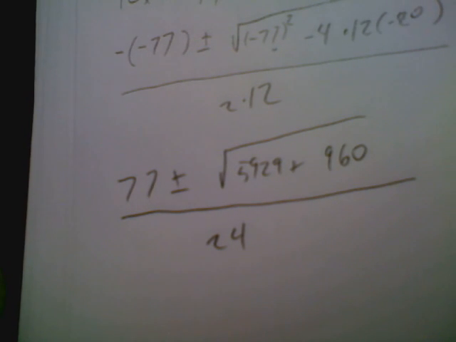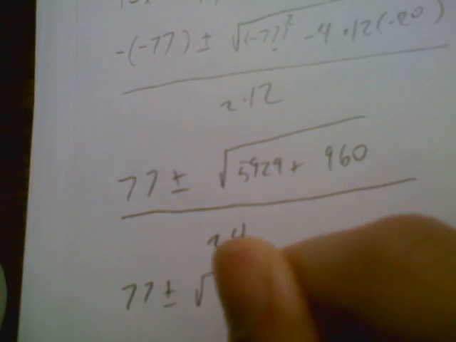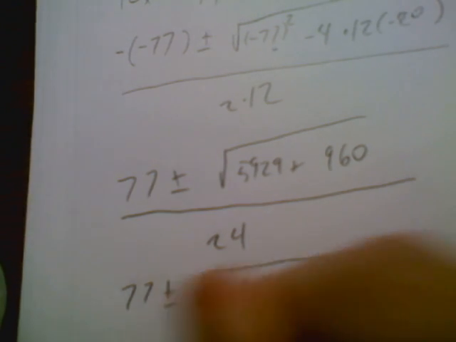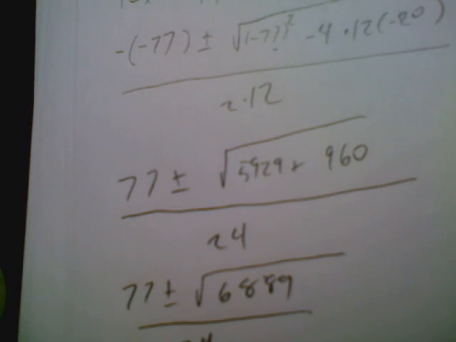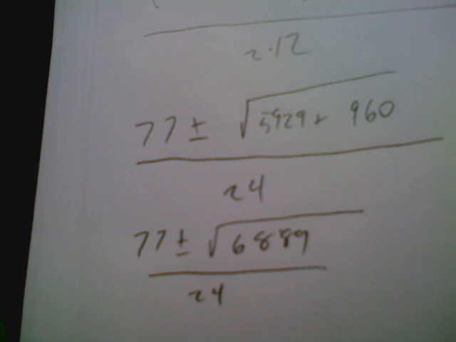That's just multiplying and squaring and doing all that other stuff. So now we do a little bit more. 49 plus 960 is 1009.